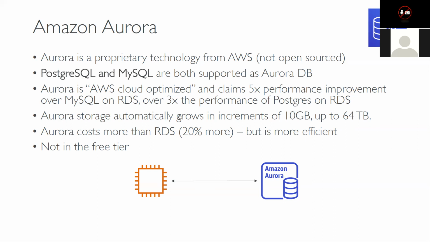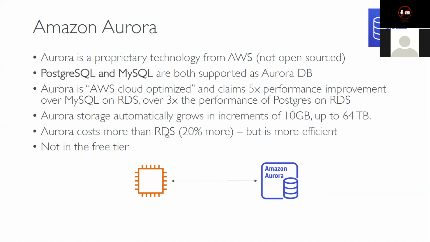Aurora storage auto grows in increments of 10 GB. Let's say your database is 20 GB, then you add another 5 GB of data. Once it hits the limit, it will auto grow. This is the term they use in NetApp. If you're a storage engineer, auto grow is a feature in NetApp Filer. And it can auto grow up to 64 TB.